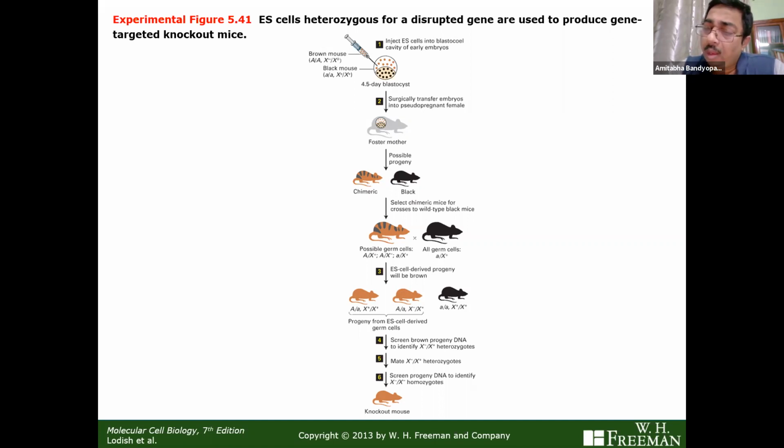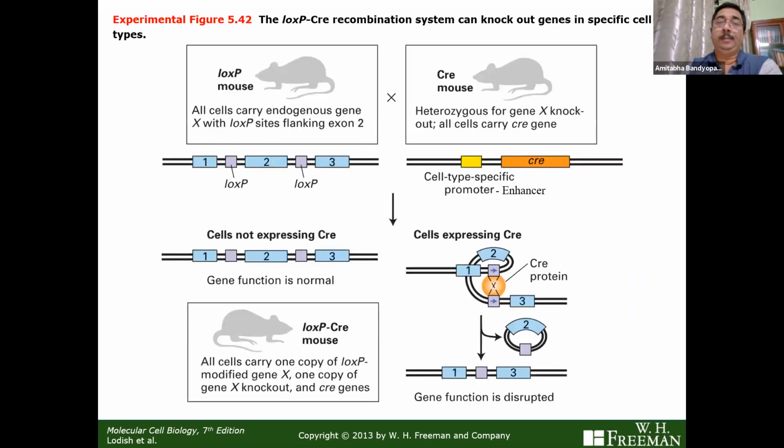So to tackle these kinds of problems, there is another method of gene knockout, which is called conditional knockout. Conditional knockout, as the name suggests, will be knocked out depending on the condition dictated by the researcher, you. Okay, so let me explain to you how this works.